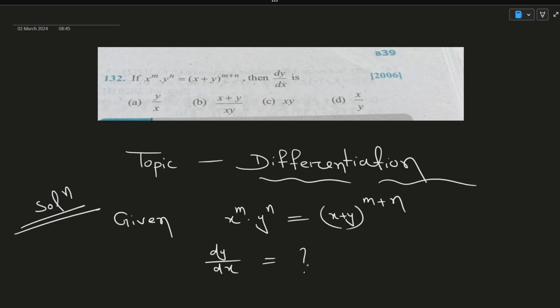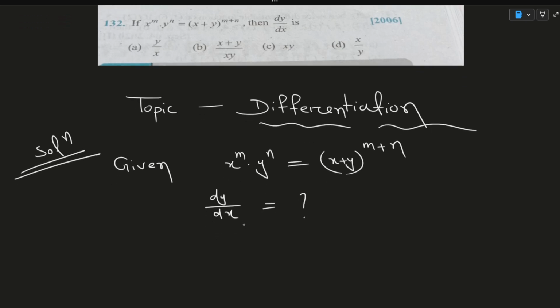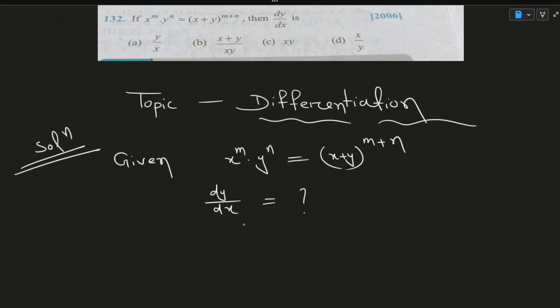So this question was asked in 2006. Although it is a very old question, we have to discuss the concept. So we have to first identify which type of method we are going to use here. As we can see clearly, it is an implicit function.